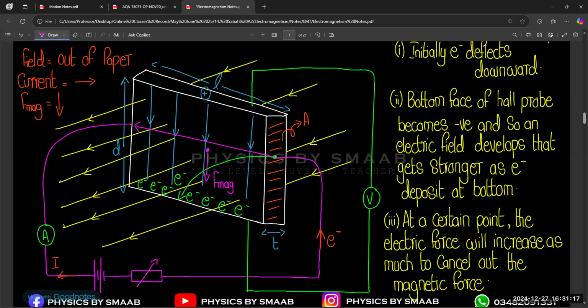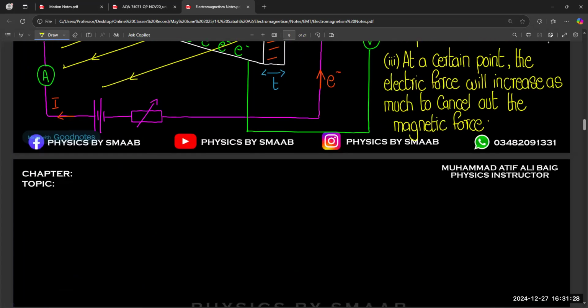So initially they are deflecting, but later on they move in a straight line. It means they cancel out the electric field, cancel out the effect of the magnetic field, and they move in a straight line without any deflection.